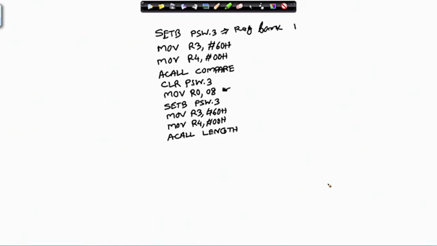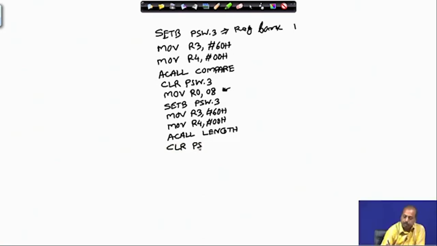For that purpose, I clear this PSW.3 bit, so that we come back to the previous register bank 0, and then write MOV R1, 09, so that the value from register R1 of bank 1 comes to register 1 of the original bank 0.